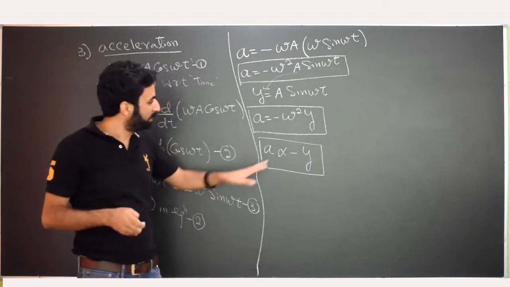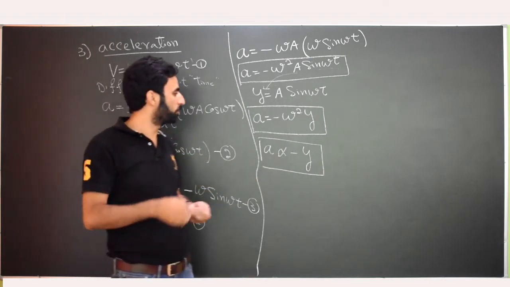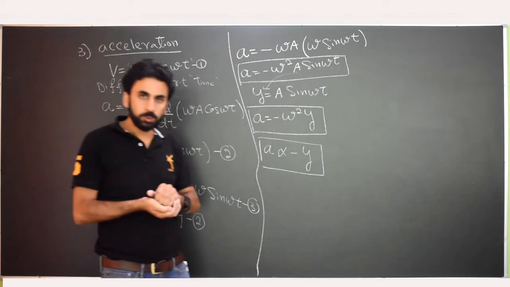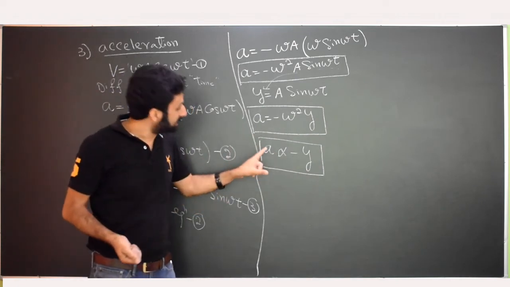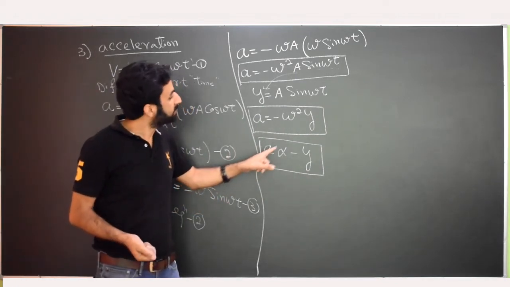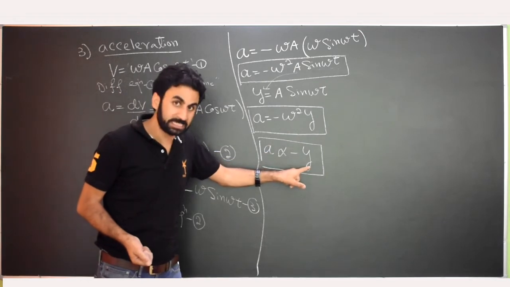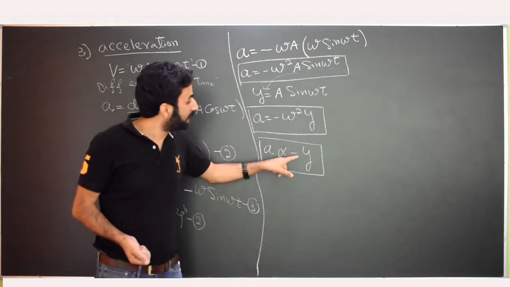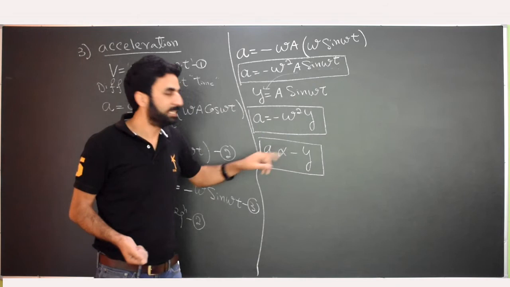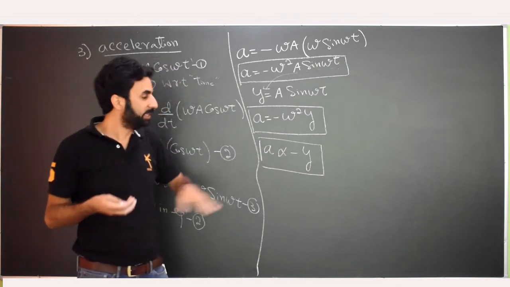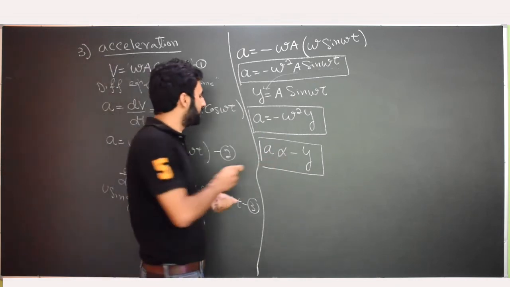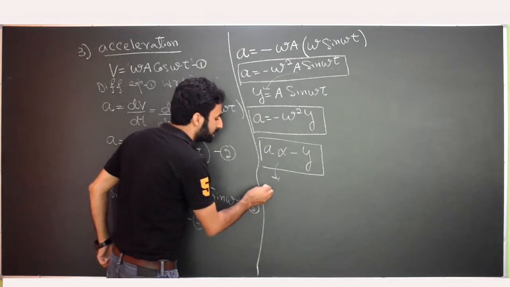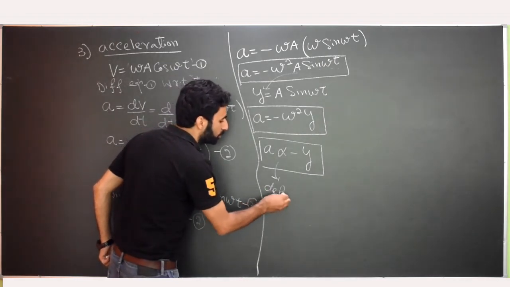This minus sign means it is directed opposite to displacement. So this essentially gives us the definition of simple harmonic motion.